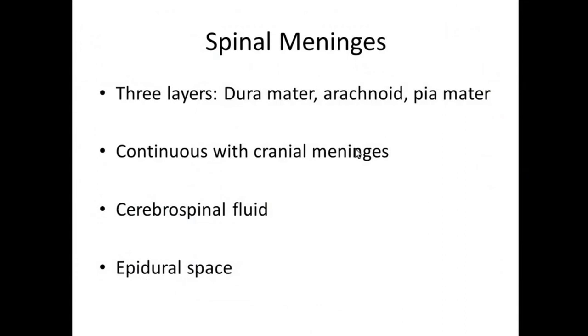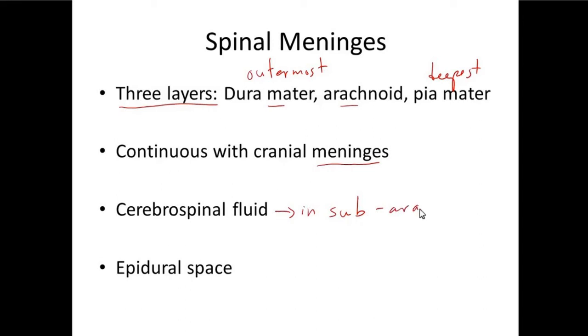Now the meninges, it is a three-layer arrangement going from outermost to innermost: dura, arachnoid, pia. It is continuous with the cranial meninges that occur in the cranial cavity. CSF you have in the subarachnoid space.